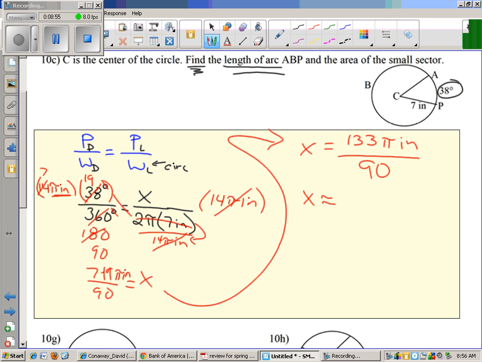Do I need to hit the pause? 4.64. What is it? 4.64. That's approximately 4.64 inches. Okay.